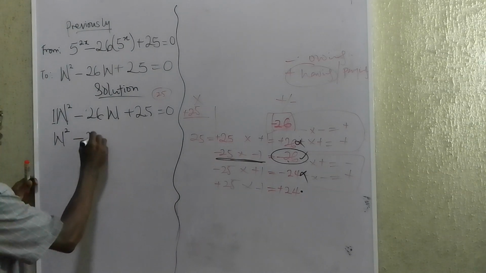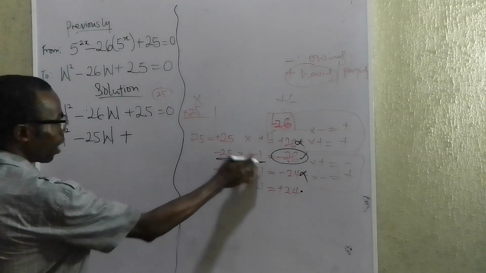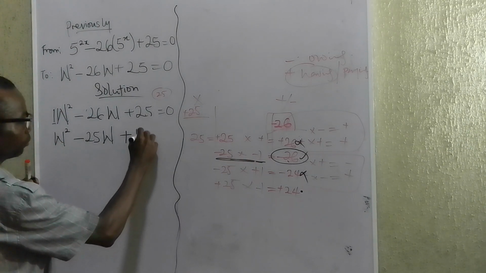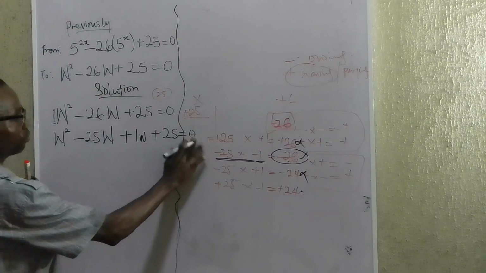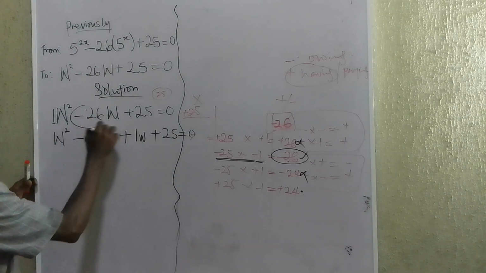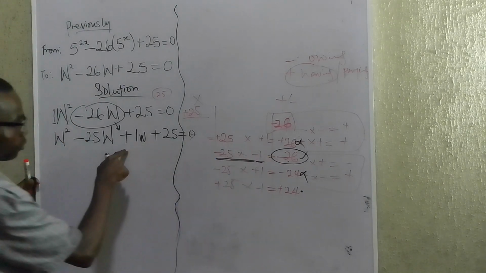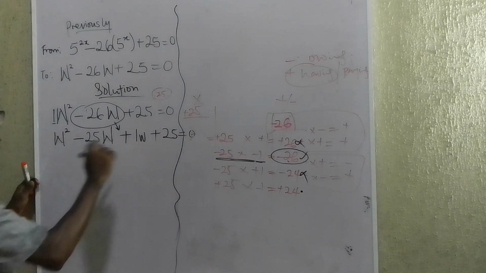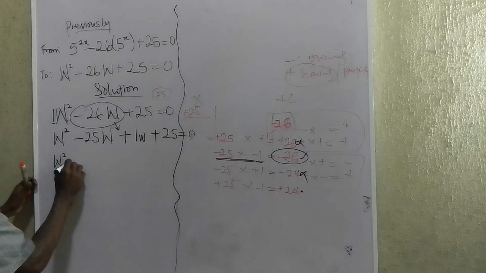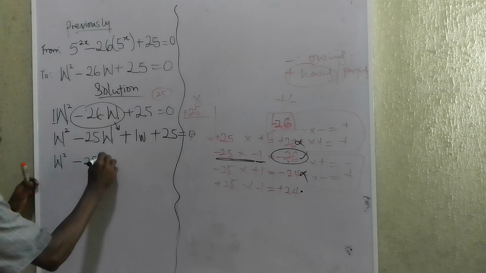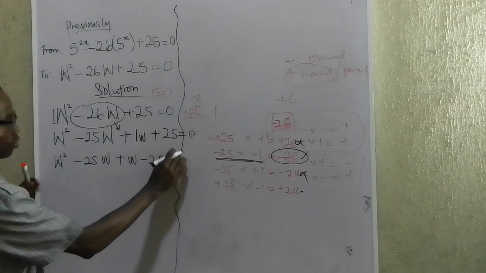So this will now be minus 25w, don't forget the w, plus 1w, and then plus 26, plus 25 is equal to 0. So I have substituted here with this. So this is it. Minus 26w gives me this. Now remember, 1w is the same thing as w. So what we have in essence is the same thing as saying w squared minus 25w plus w minus 25 is equal to 0.